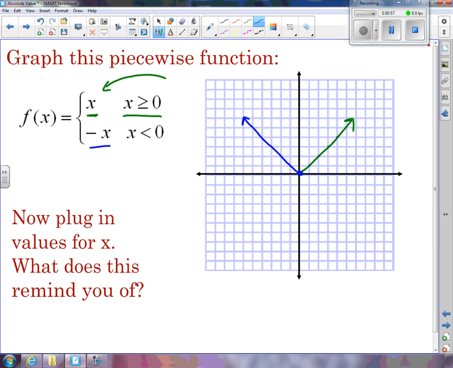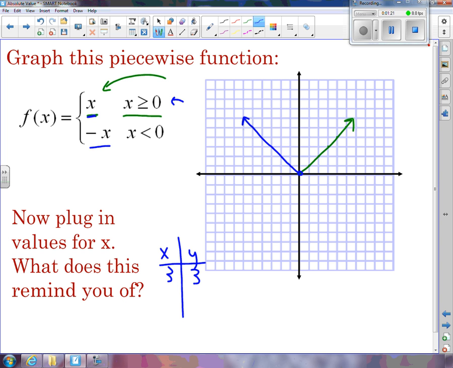That has a slope of -1. So if you plug in values, you'll see that this graph kind of reminds us of another graph that you're used to. So let's see. If I plug in the x value of 3, then that's going to go to the top piece of the graph because that 3 is greater than 0. If I use this piece, then I just have a y value of x, which is still just 3.